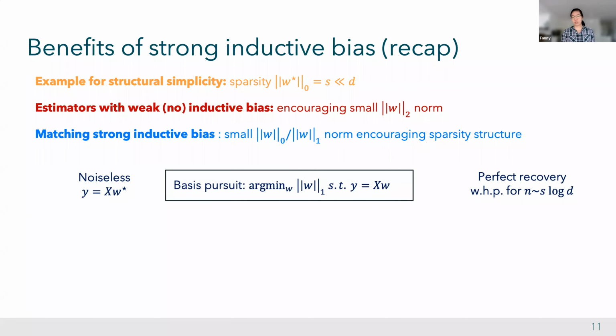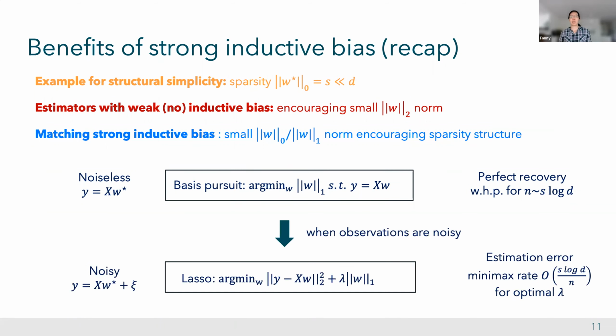So this is well known, and when your data is now noisy, then you should not do interpolation, but do regularization with the lasso. So you add a penalty term, lambda times the L1 norm, and you achieve an estimation error rate that is minimax optimal, which is of the order s log d over n, if you have chosen the right lambda, the penalty coefficient.